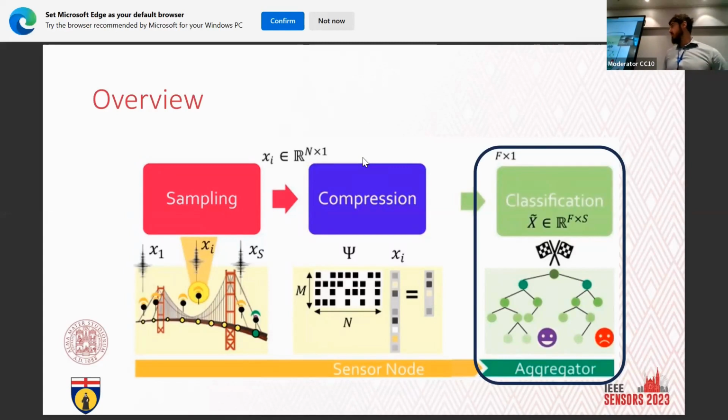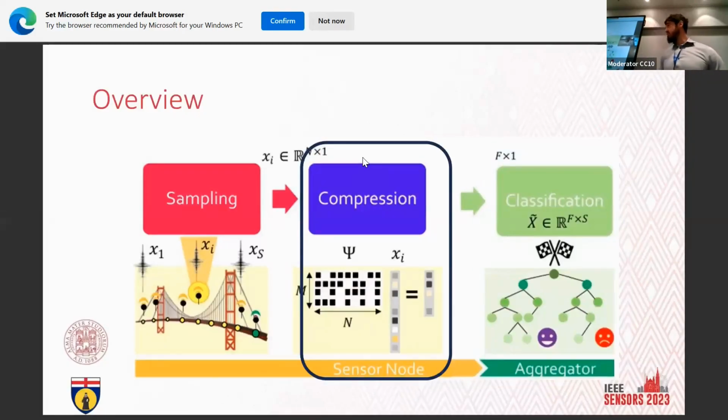This unit will perform an inference about the health status of your structure by saying if it is healthy or not. And nowadays, you can do that, for example, with automatic algorithms like machine learning based, for example, random forest, deep learning, and other solutions.